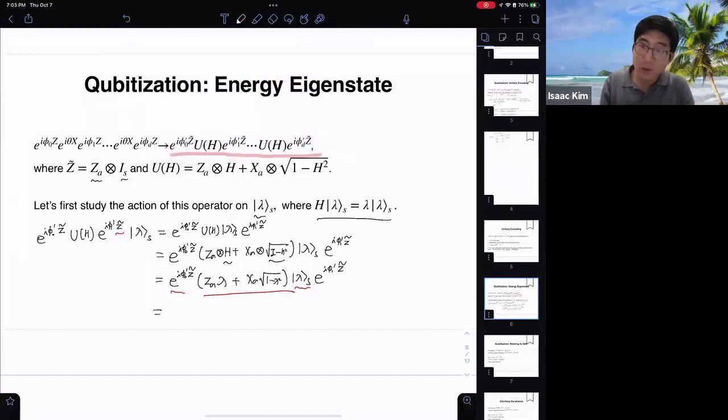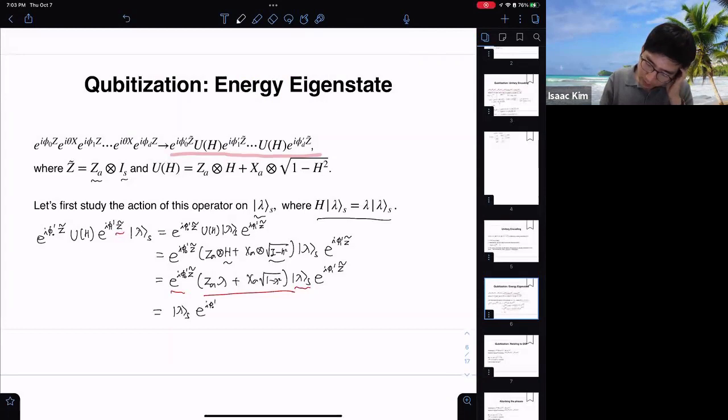So we can pull out all the operators all the way to the right. Get lambda S, then Z tilde, then ZA lambda plus XA square root of 1 minus lambda squared.